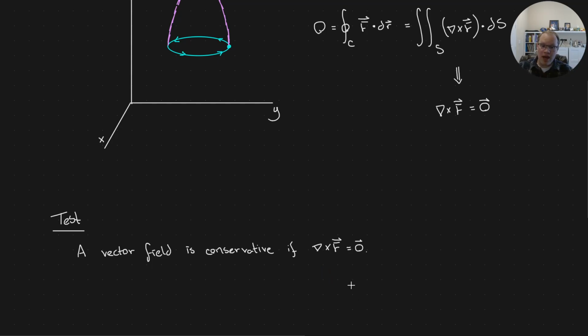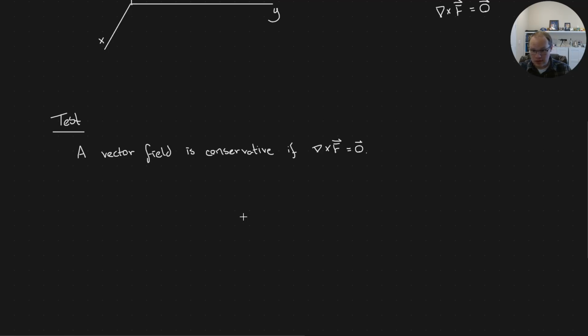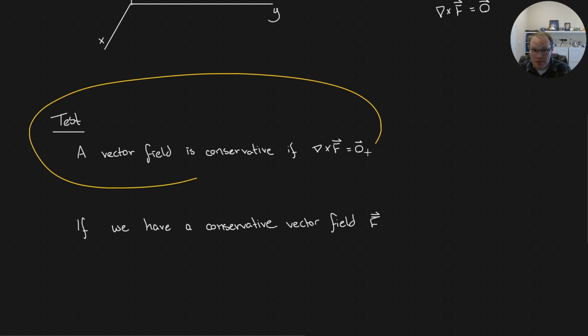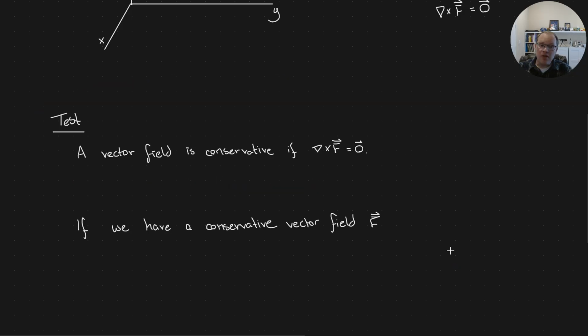Now, if our vector field is conservative, if it passes this test, then it turns out the only way a vector field can be conservative is if it is a gradient vector field for some function little f. Okay?